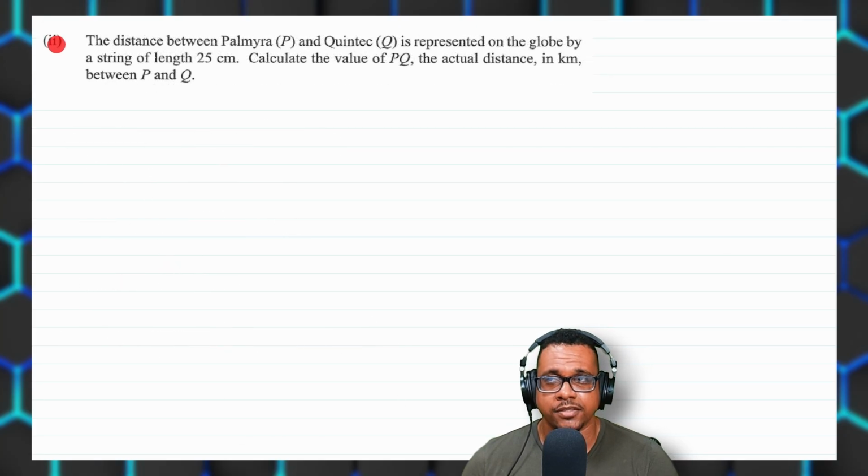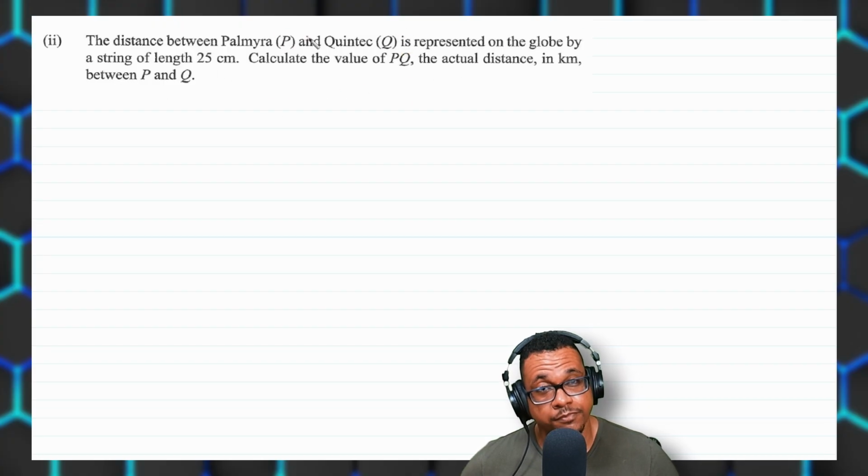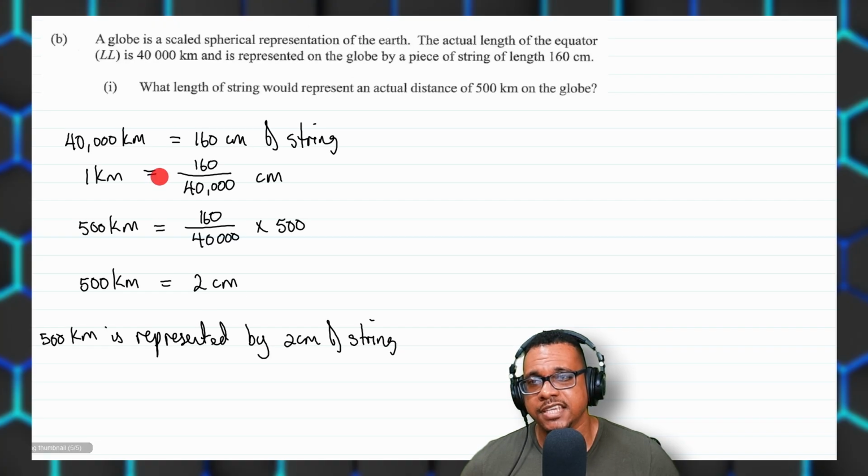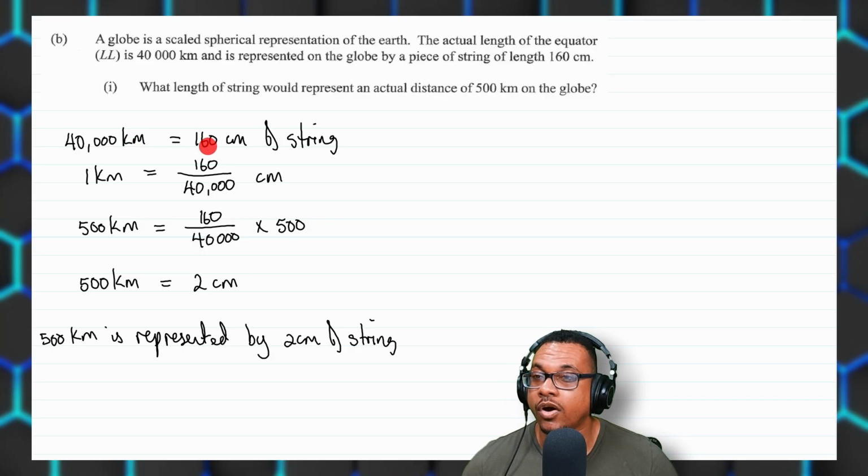Now, continuing part 2 of this question, we have the distance between this place that's starting with a P and this next place that's starting with a Q. So 2 places, P and Q, right, is represented on the globe. So same globe, which means the same conversion applies. 40,000 kilometers actual distance is 160 centimeters of string on the globe, which is the map. All right.